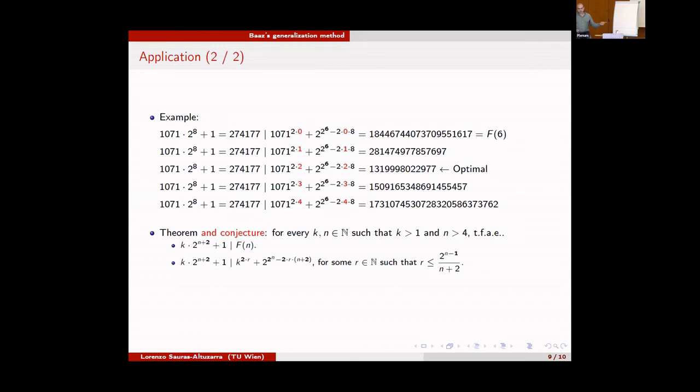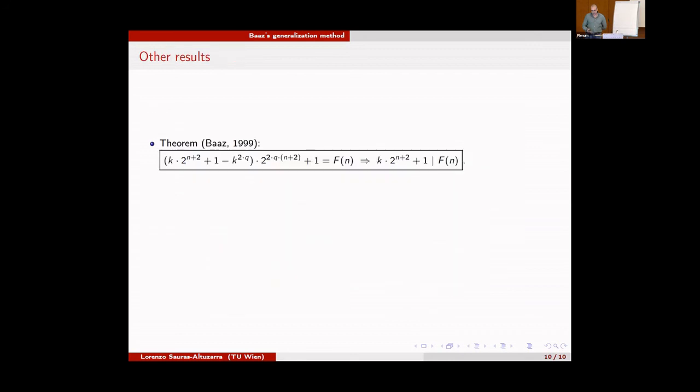But also, as we saw in the example, it seems that if you can do it for some R, you actually can do it for every R of this form. But yes, this is still not proved.